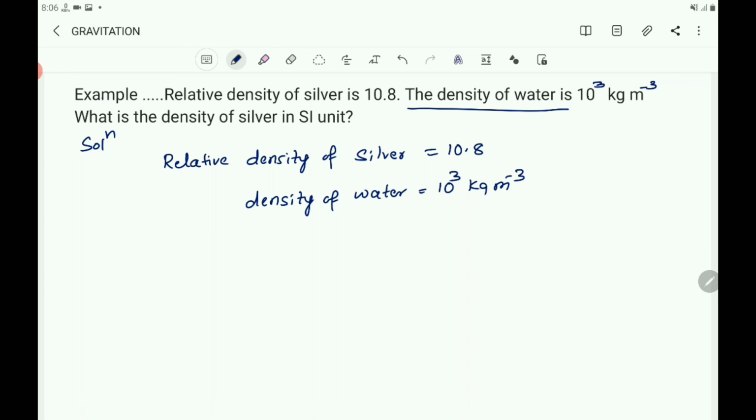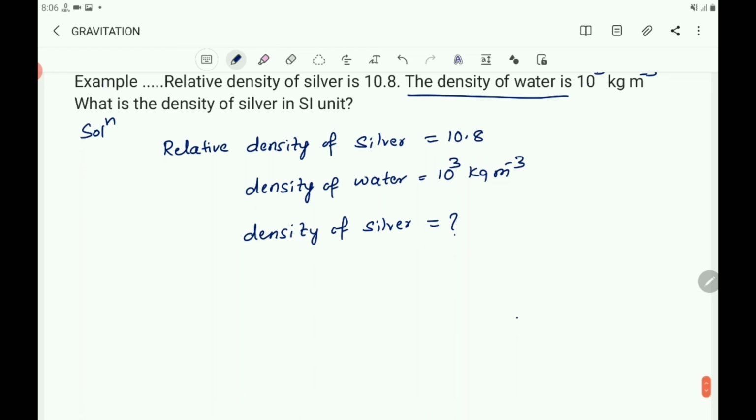Then what do you have to find out? We have to find the density of silver. Density of silver equals question mark. Write the formula for the relative density.